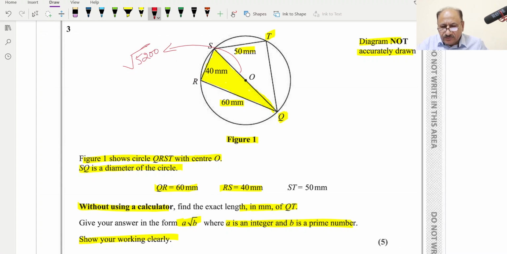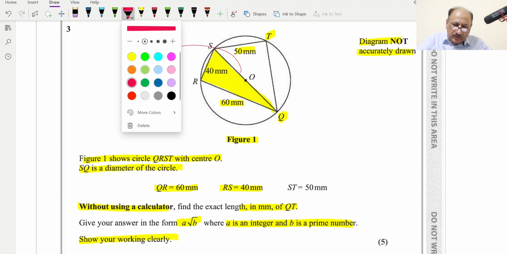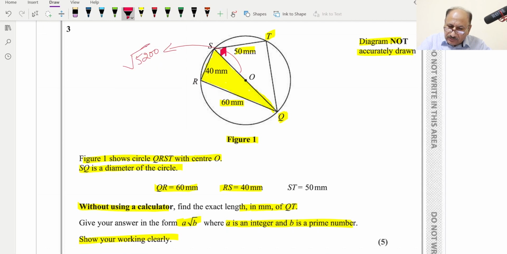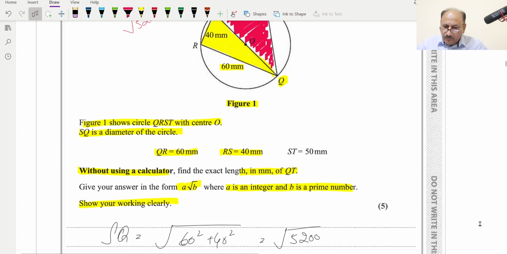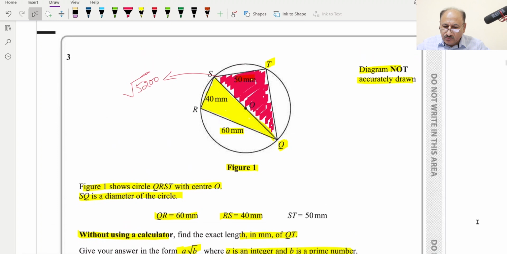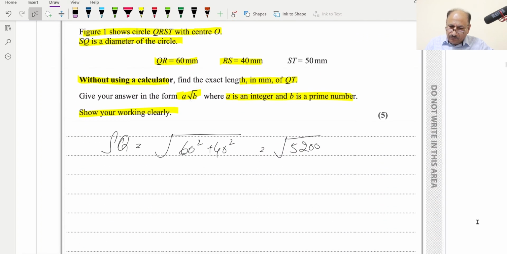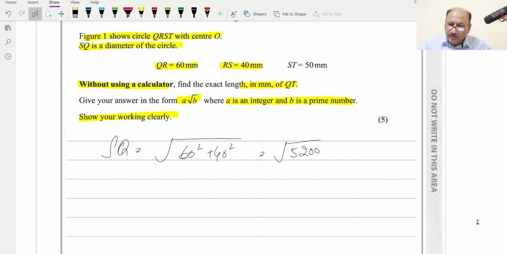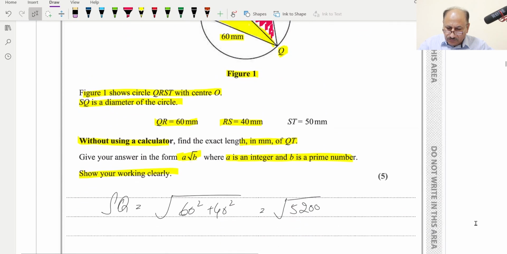Now after getting this one, we can consider the other triangle. This is also a right angle triangle because this is a triangle in a semicircle. So we will apply Pythagoras theorem, one side is 50, the other side we calculated as SQ.